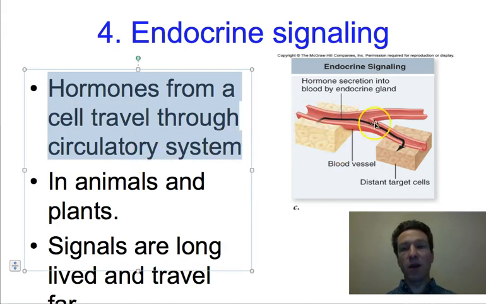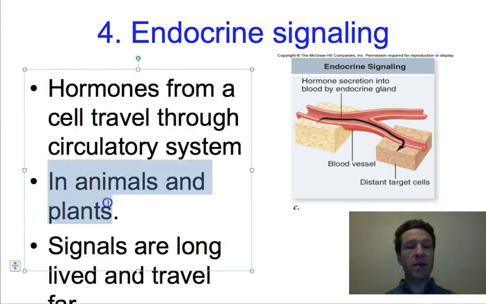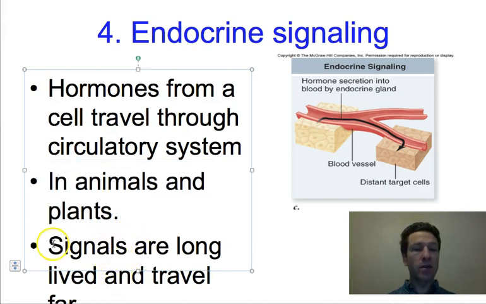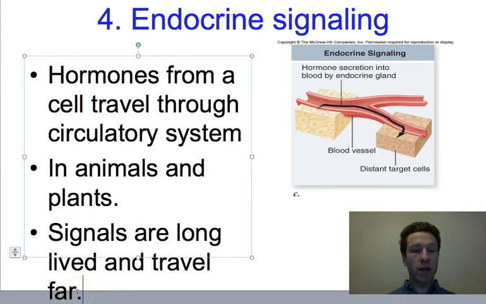For example, through the blood from one area of the body to a distant area. Endocrine signaling can also happen in plants. For example, if a signal gets sent from a root to a leaf or from a leaf to a flower. And so these signals are long-lived and they travel long distances.